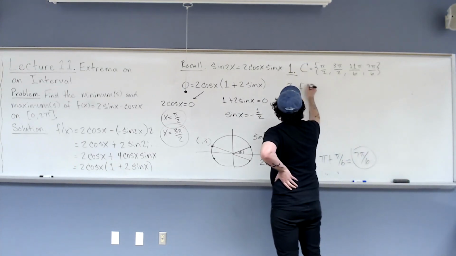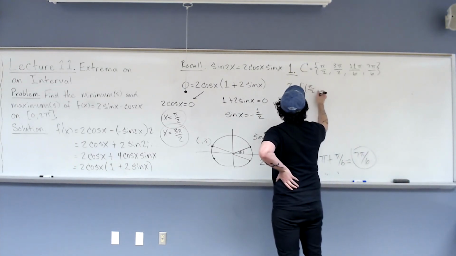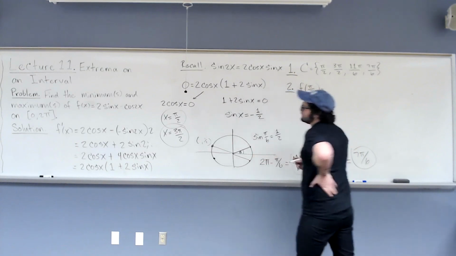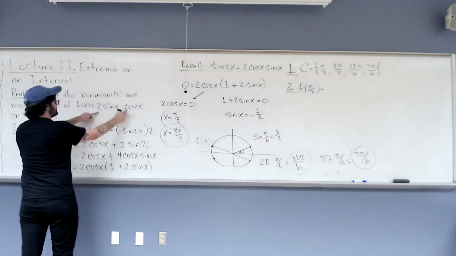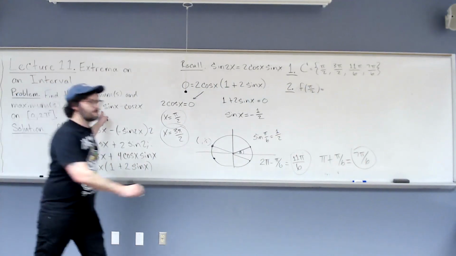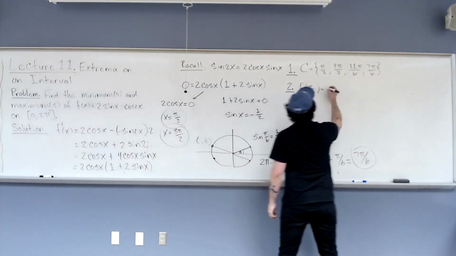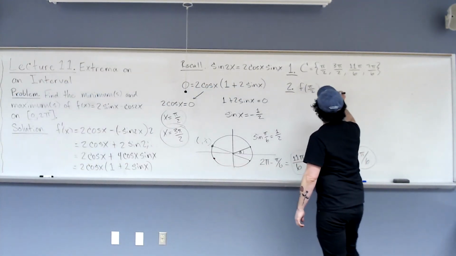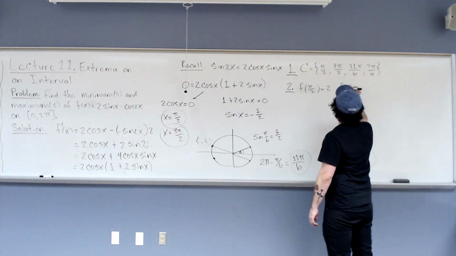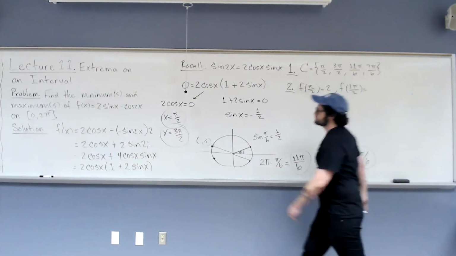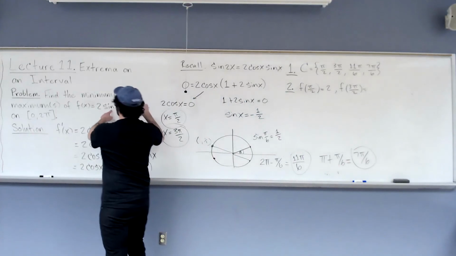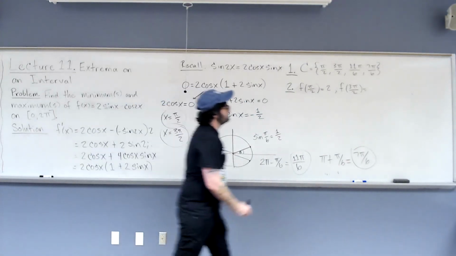So f of pi over 2 is equal to what? 1 minus 0, so it'd be just 2, right? F of 3 pi over 2, it's going to be negative 1, 0, so it'll be negative 2.